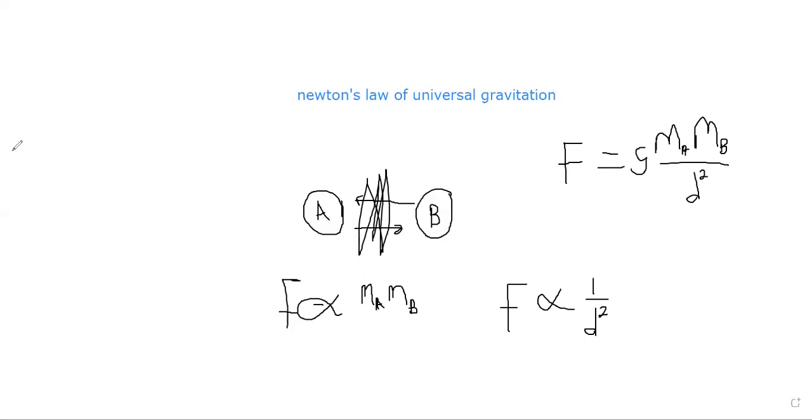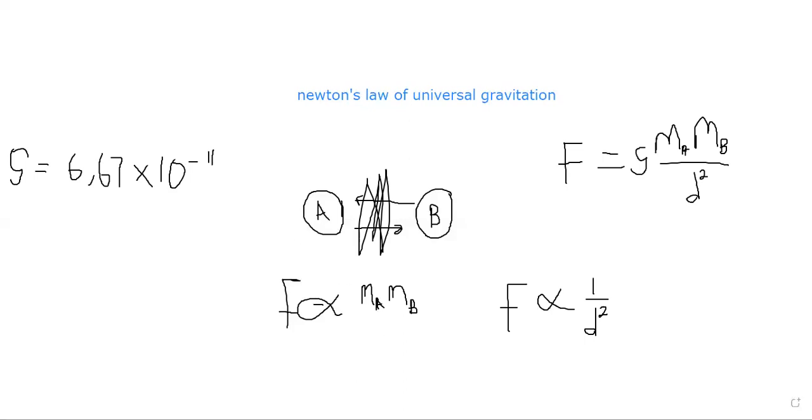And our gravitational constant is equal to, let me just check it again, 6.67 times 10 to the exponent -11.